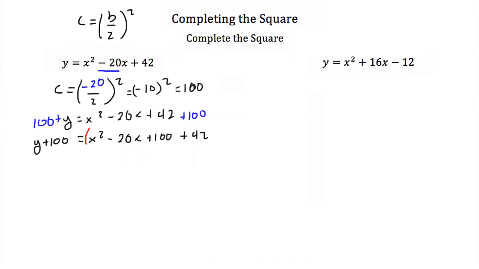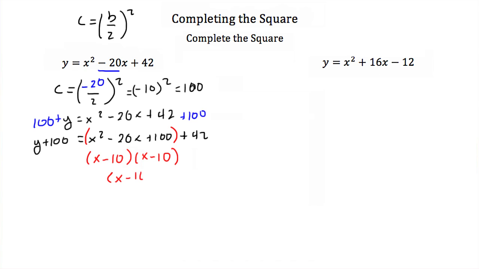Now, this part of our right-hand side is now a perfect square trinomial. So this will factor into an x minus 10 times an x minus 10, because negative 10 times negative 10 will give us our 100, and negative 10 plus negative 10 will give us our negative 20.